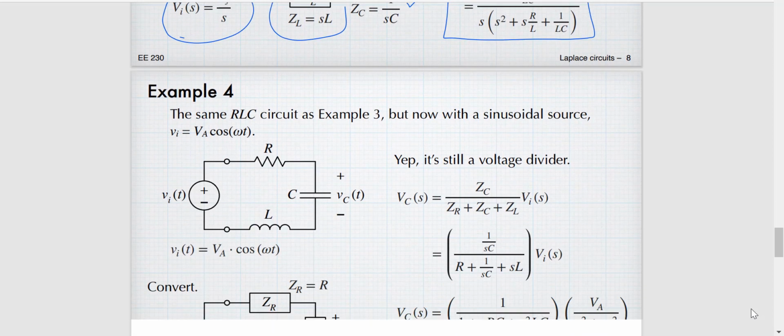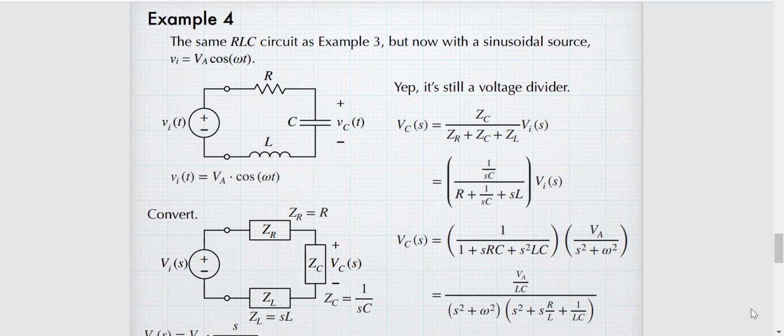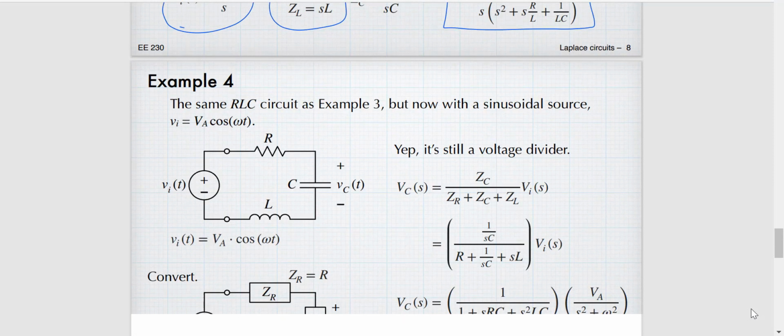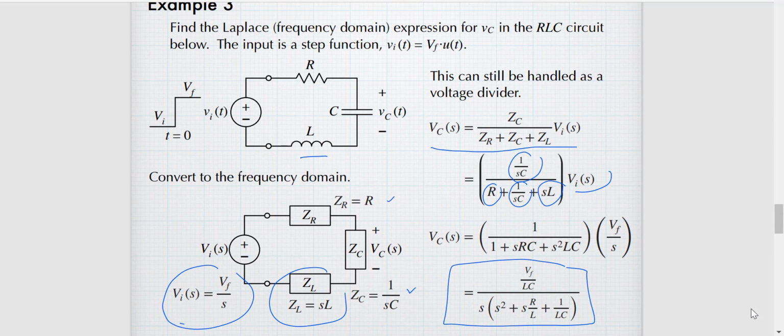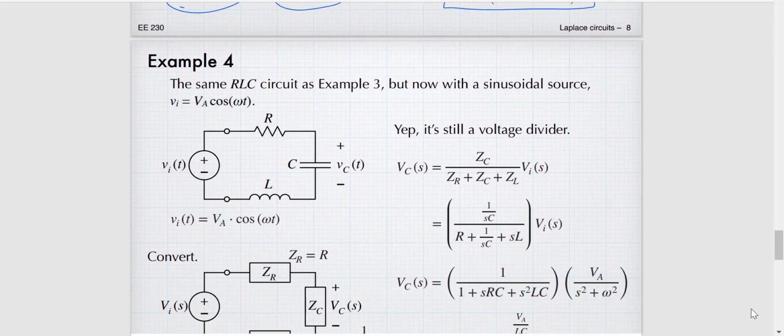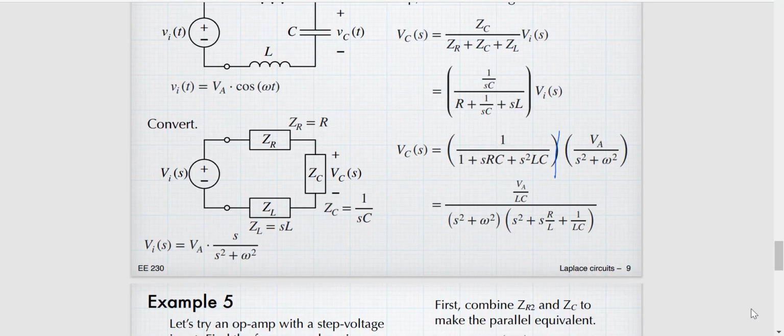And then the example 4, using the sinusoidal source Va cosine omega t, is a similar method to how to solve example number 3 here, but we only change the V input using this one.